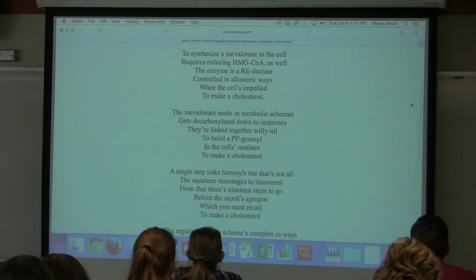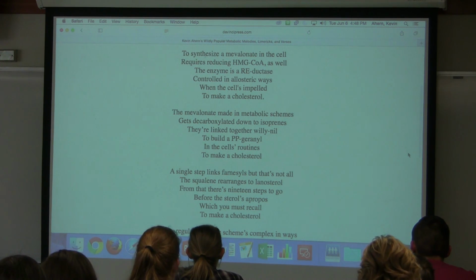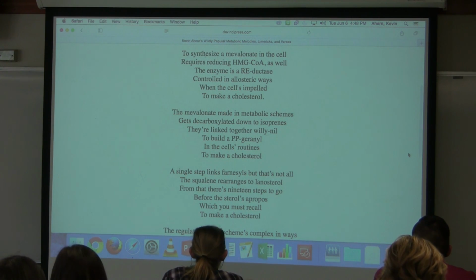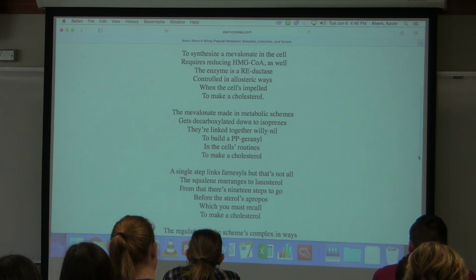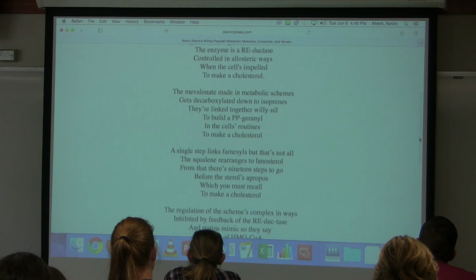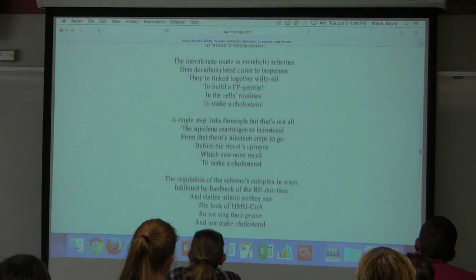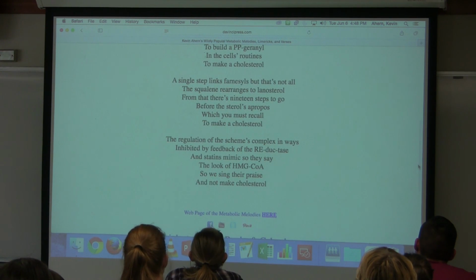The enzyme is a reductase controlled in allosteric ways when the cell's impelled to make a cholesterol. The mevalonate made in metabolic schemes gets decarboxylated down to isoprenes. They're linked together willy-nilly to build a pp-geranyl in the cell's routines to make a cholesterol.